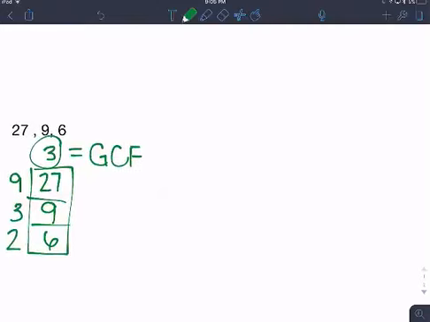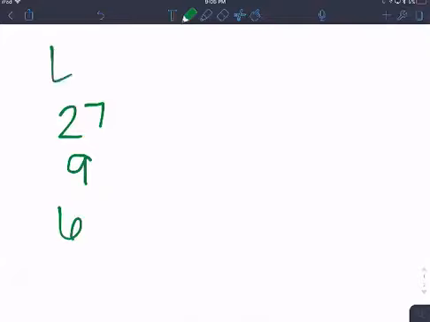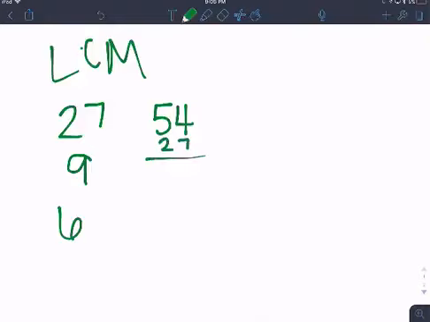And least common multiples, I have 27, I have 9, and I have 6. So I'm just going to list out a few for 27. 27 and 27 is 54. 54 plus 27.